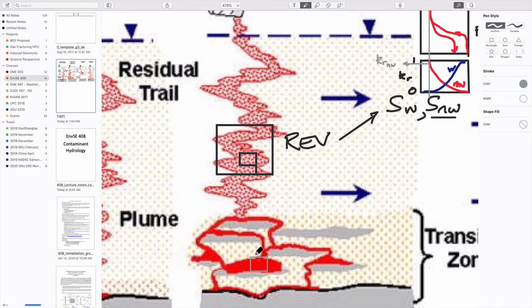and you're just sucking it out like you would petroleum or crude oil out of a reservoir. If you look at somewhere else within the system, maybe in this chimney, then you'd expect to be in a different saturation. So maybe I'll just outline this.